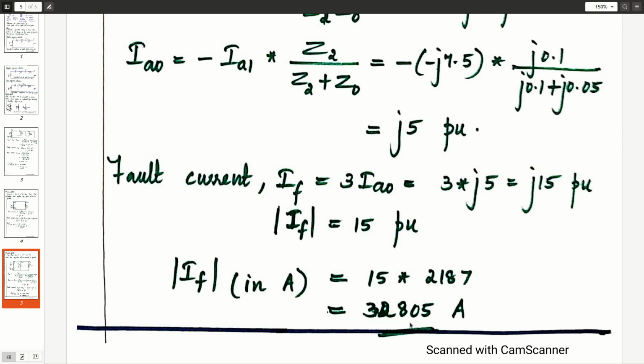Okay. So as summary, what is the first step? For the given power system, you have to draw the positive sequence, negative sequence and zero sequence network separately. Okay. Step 2, draw the Thevenin's equivalent positive sequence network, Thevenin's equivalent negative sequence network, Thevenin's equivalent zero sequence network.